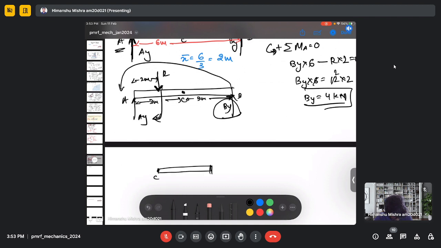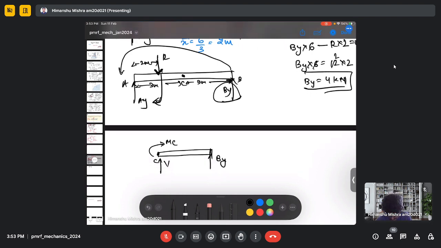So this is my C, this is BY, this is some moment, and this is the location here. It's BC, and this is horizontal force NC, and there is a varying load here.